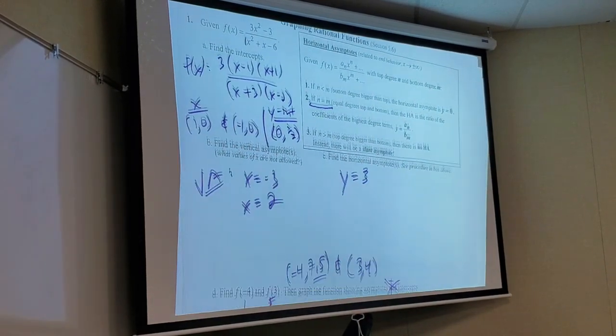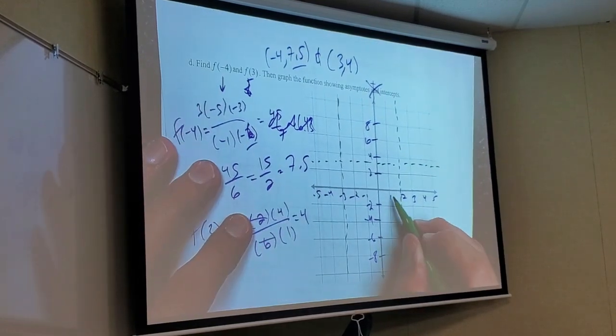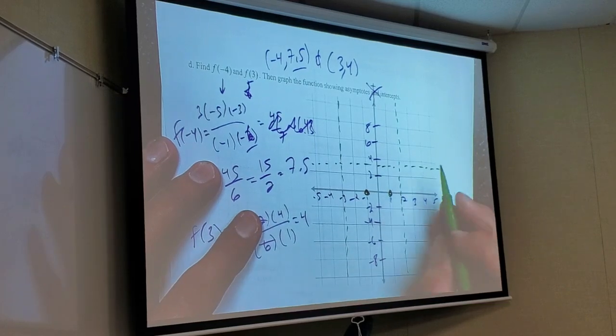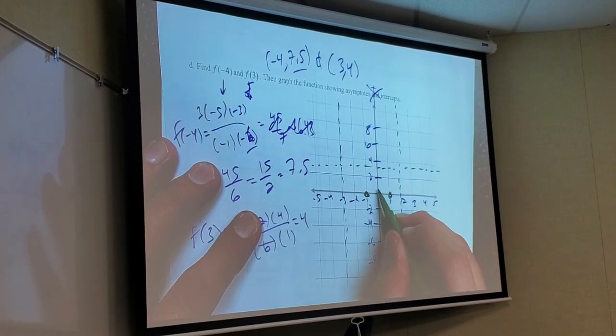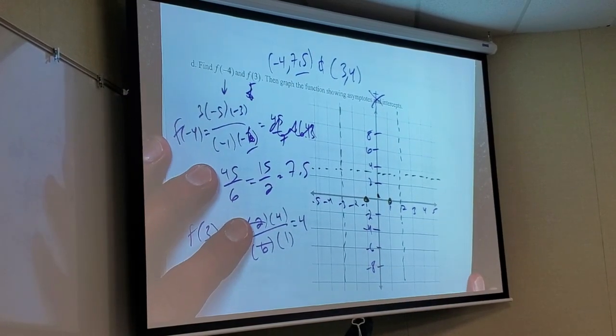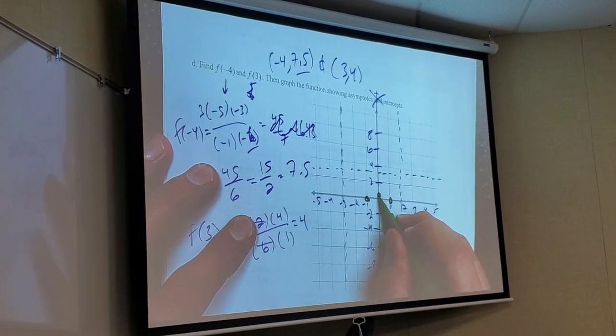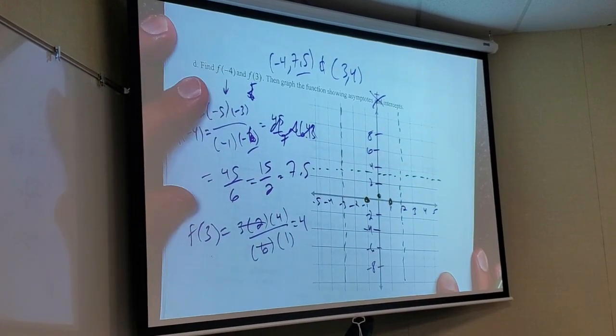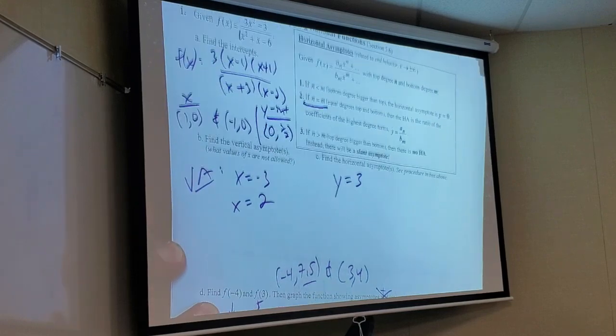I can plot my intercepts now, right? I got an intercept at 1, 0, and negative 1, 0. I've got a y-intercept at 1/2, which will be a little bit hard to get to, but there he is. What are the multiplicities on my x-intercepts? 1.